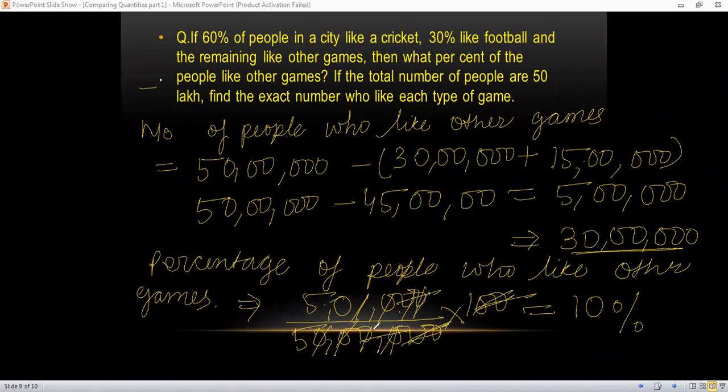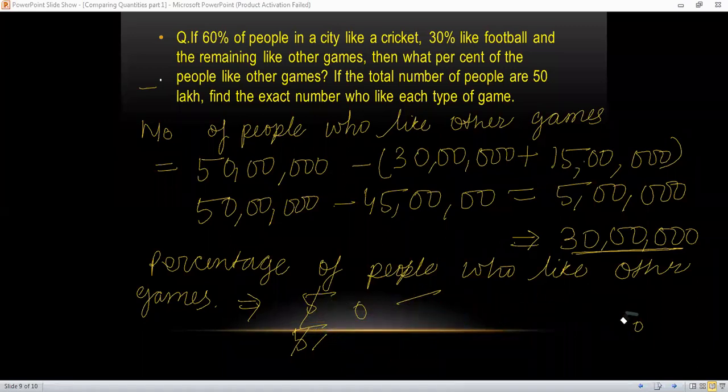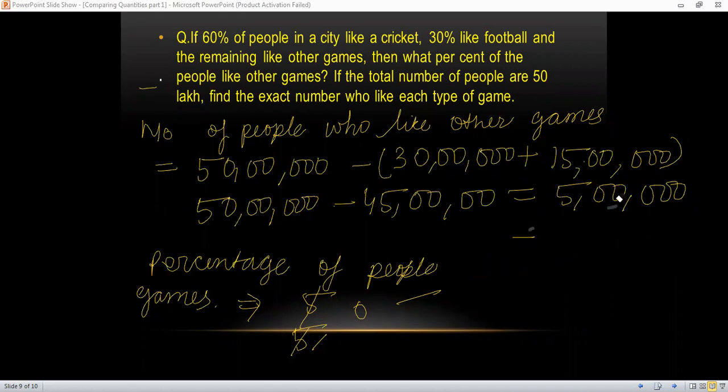Then this zero, then this zero, and then this zero. Now 5 will get cut, and 10 is the percentage of people who like other games. So by this we can find the percentage.